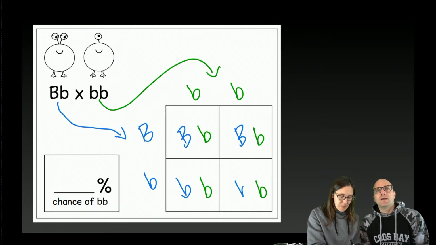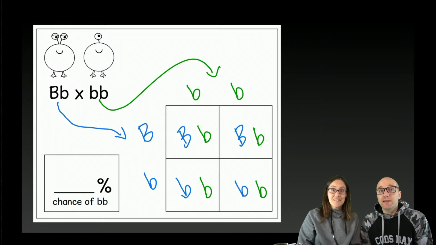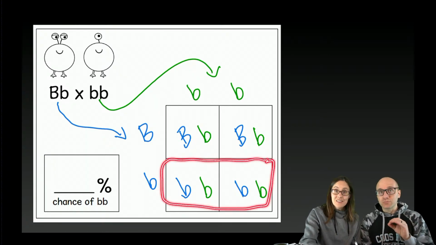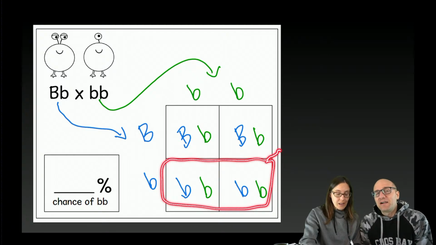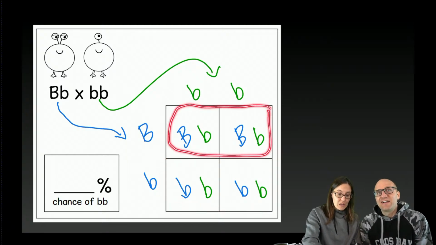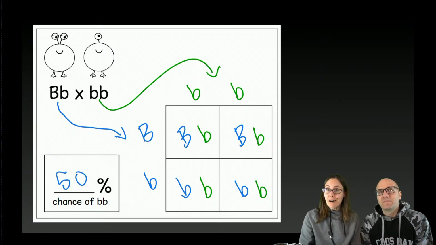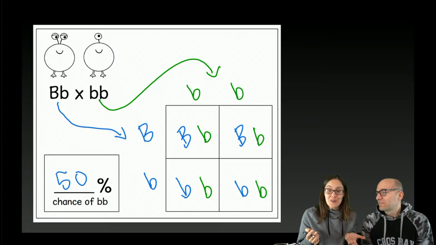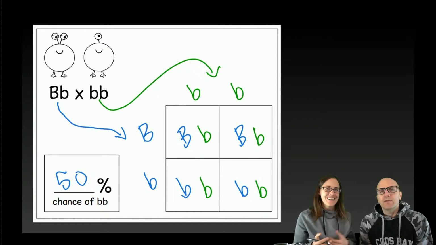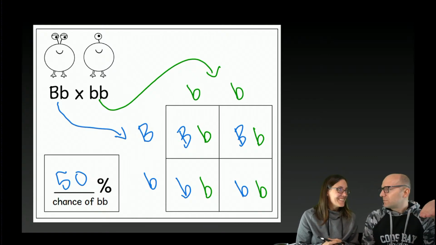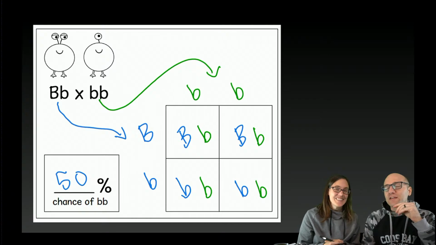And I agree. We do indeed get 2 out of the 4 that are little b, homozygous recessive. So these will be one-eyed aliens, and these ones will be two-eyed aliens. So there's a 50% chance of having a one-eyed alien from this cross. These are pretty fun, aren't they? They really are. And I wish we could actually see genotypes. Unfortunately, we can only see the phenotypes.